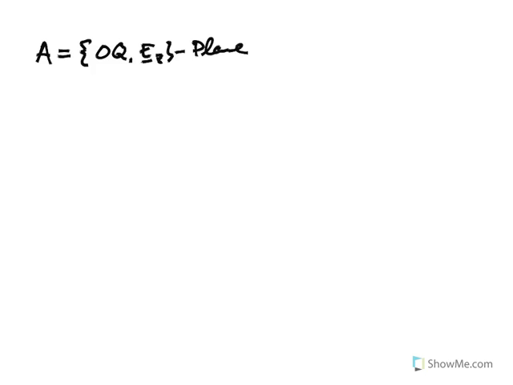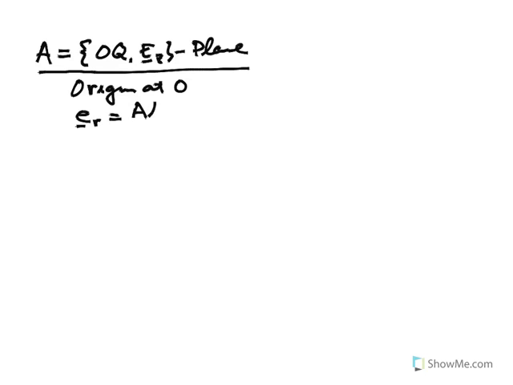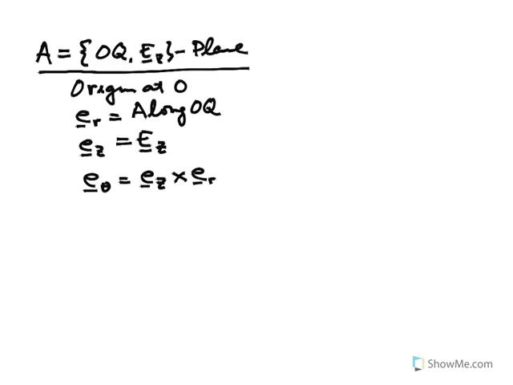Now, if you want to see that plane, I'll show it to you on the side here after we define the coordinate system. The origin is going to be at O. ER is going to be along OQ. EZ is going to be the same thing as what I had for EZ in the coordinate system that was fixed to the track. And then E theta is going to equal EZ crossed with ER.